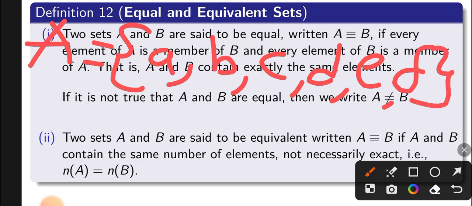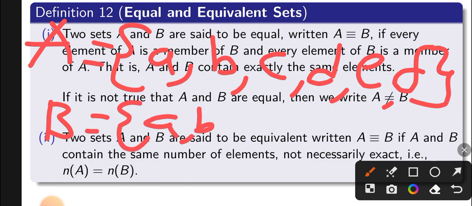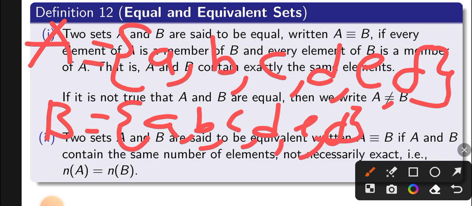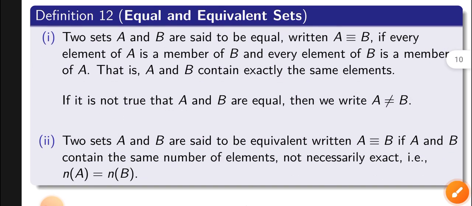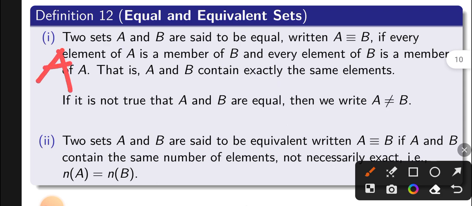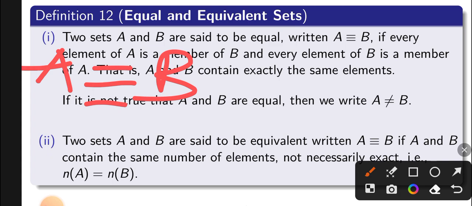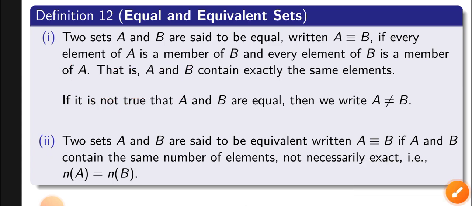Then this is my set B = {a, b, c, d, e, f}. You see that set A and set B contain the same elements. So all the elements in A are also contained in B, and we say A is equal to B.